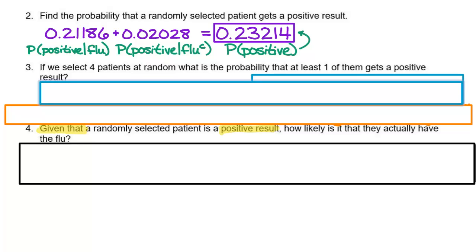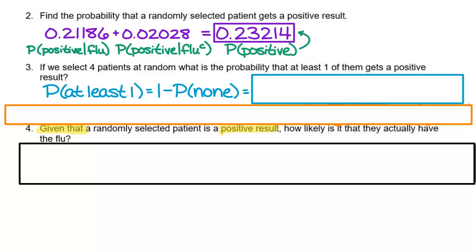That gives me the probability that it is positive. Number 3, if we select 4 patients at random, what is the probability that at least one of them gets a positive result? So the probability of at least 1 is 1 minus the probability of none. In this case, what do we mean by none? Yeah, not getting a positive. So what's the probability of getting a negative?